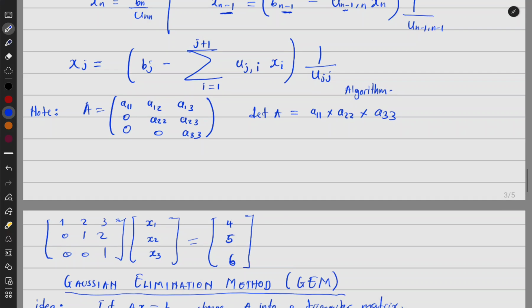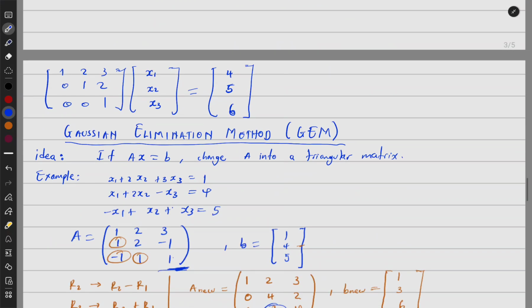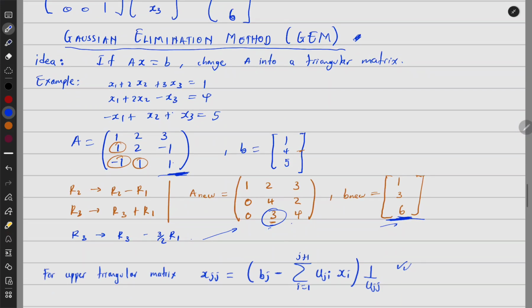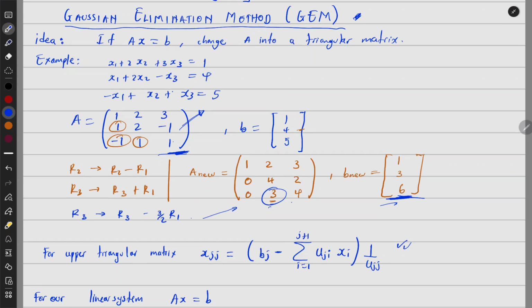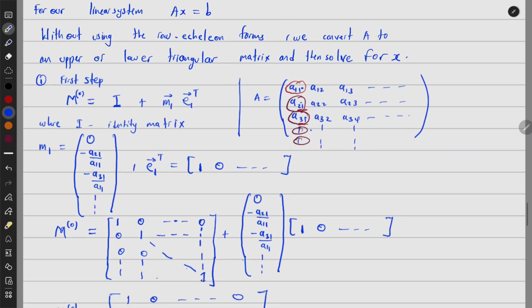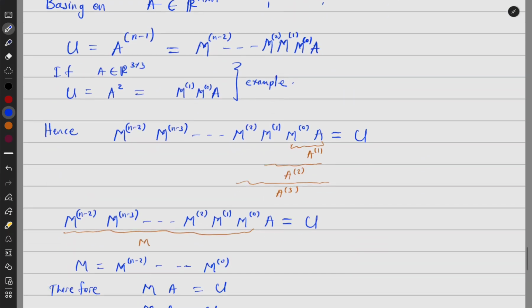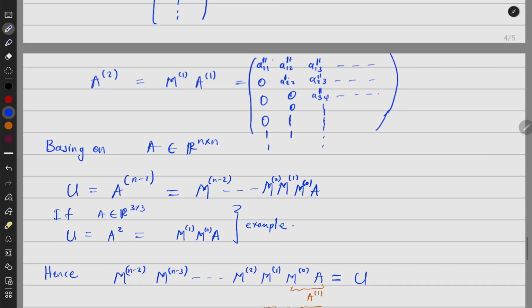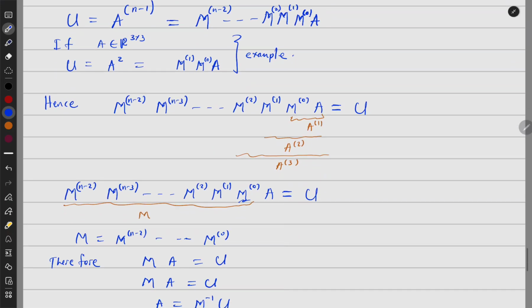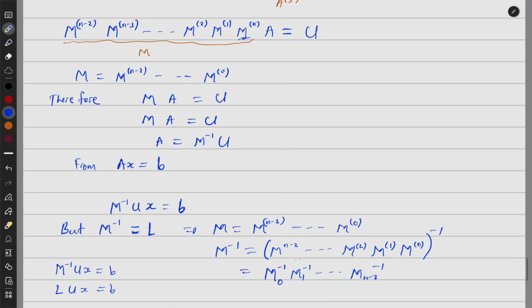So today we have basically talked about the Gaussian elimination method, where we try to use the normal method that we know of solving this, turning it into the triangular form using the row echelon form. However, in this case we are not interested in that. We are interested in decomposing A into the lower triangular and the upper triangular using these m's, and I've tried to define how m is given, and I've also shown you how the U is defined.